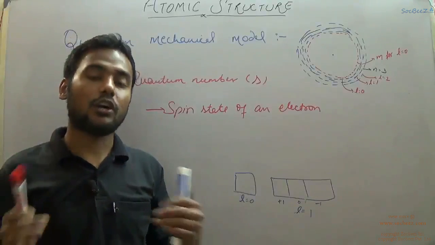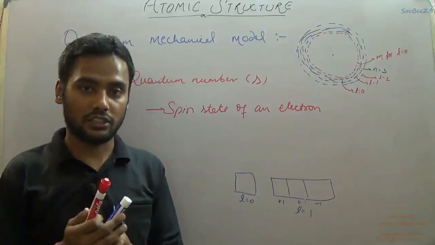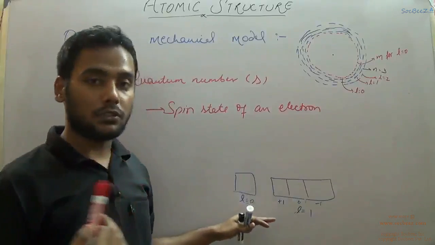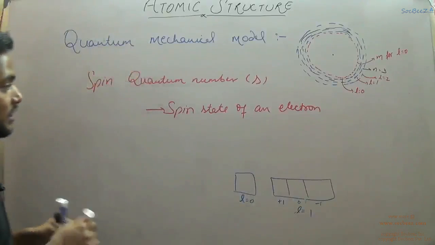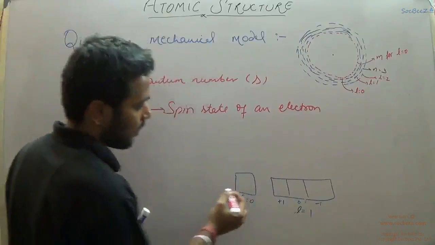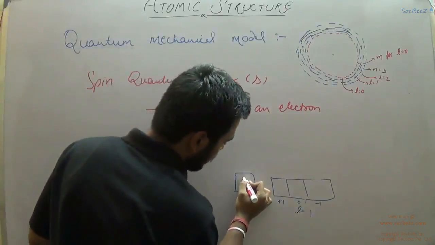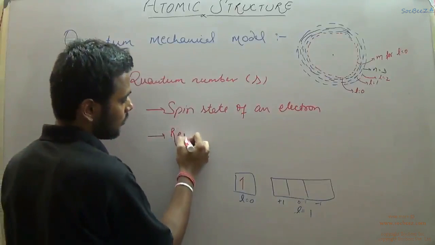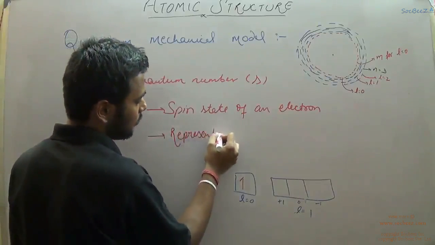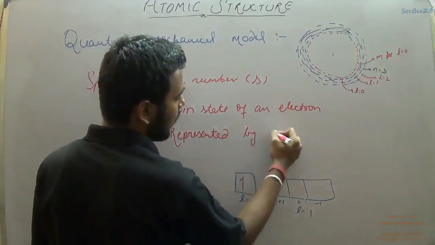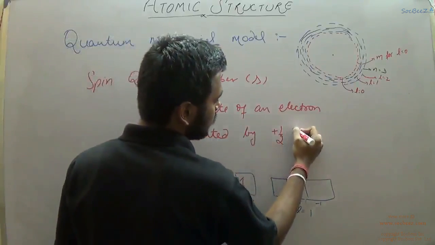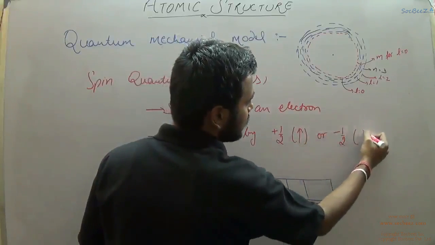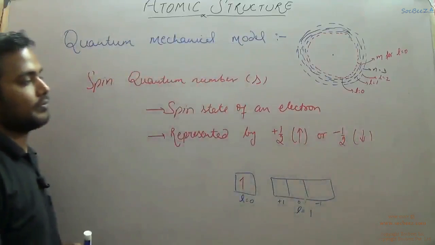And if 2 electrons have opposite spins, then they will attract each other, which gives stability to a particular orbital.